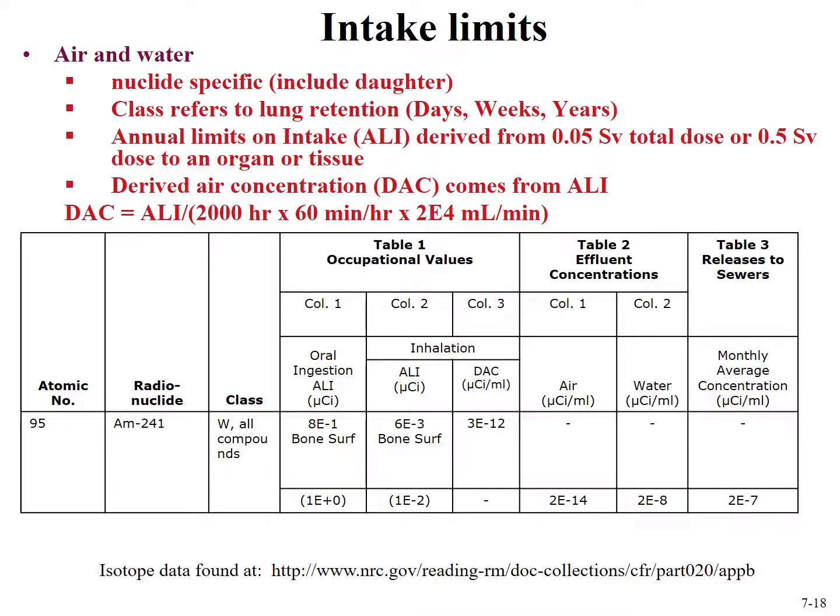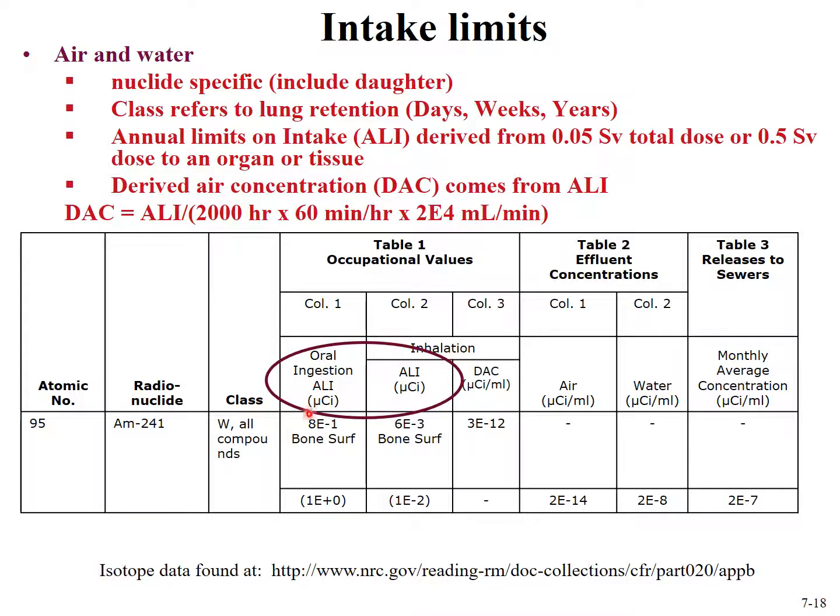There are two data sets one needs to evaluate. The annual limit on intake is derived based upon a dose received of 0.05 sievert from a given radionuclide. The ALIs, as they're called, the annual limits on intake, are listed here, and you see that there are two different ones, an oral ingestion or an inhalation.